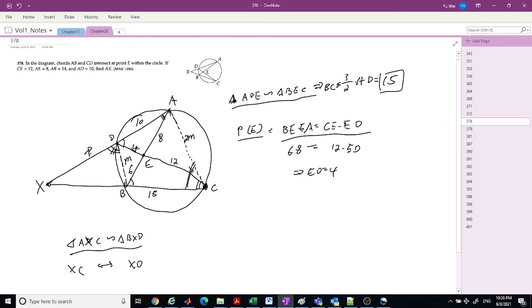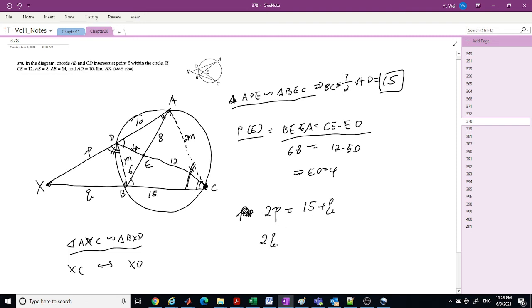Okay, so let's see, if this is the P and this is the Q, right? So we know the 2P is equal to 15 plus Q, right?